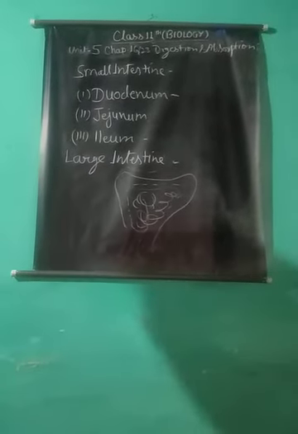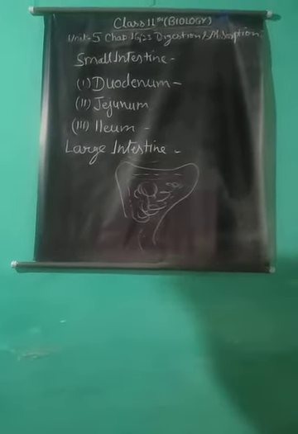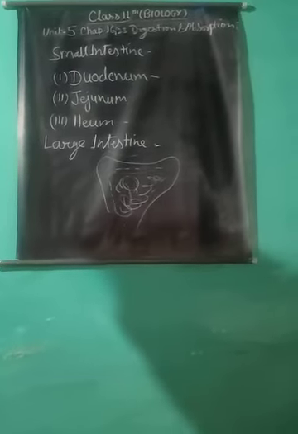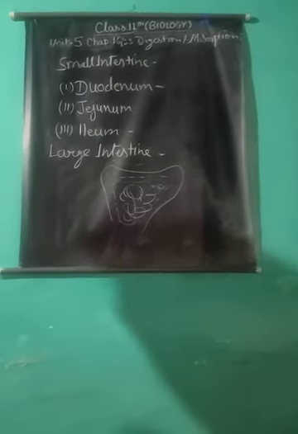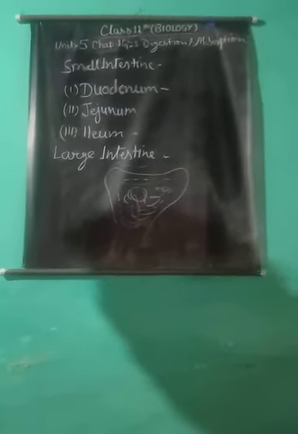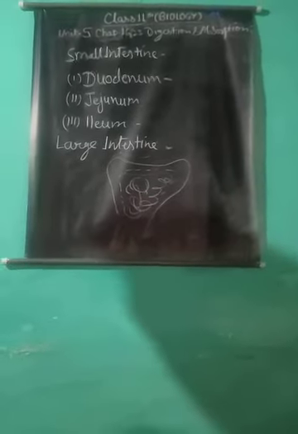Large intestine is divided into cecum, colon and rectum. So the opening of small intestine into cecum is guarded by ileocecal valve, which allows the food to move down into the large intestine and not back into the small intestine.